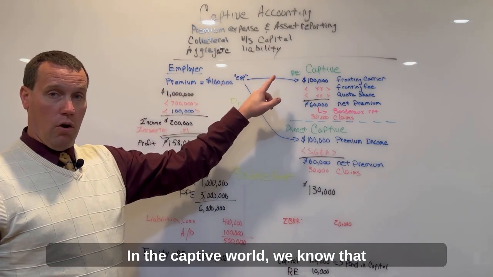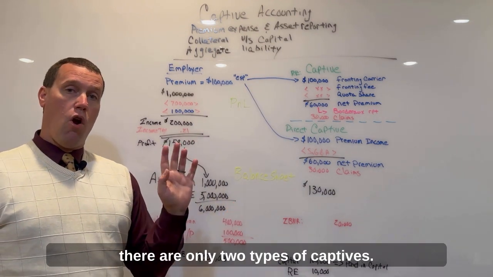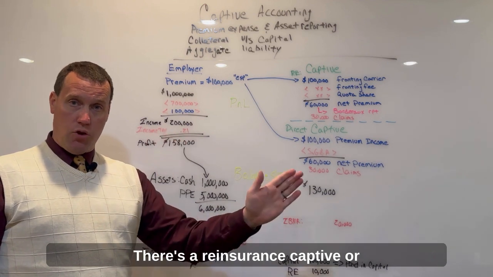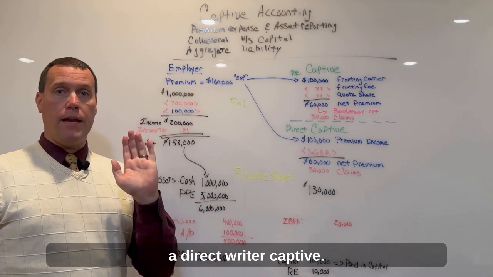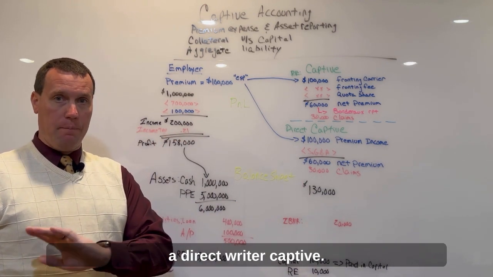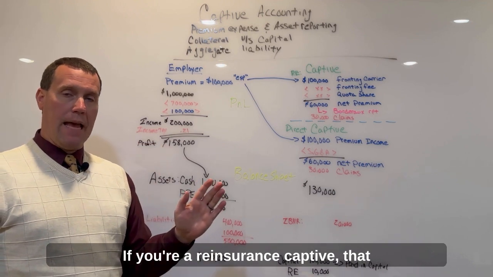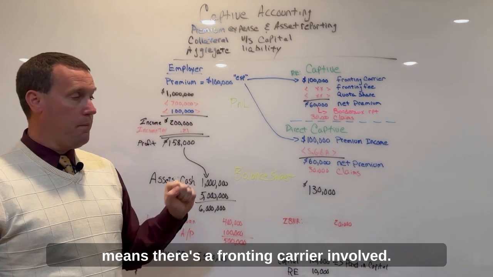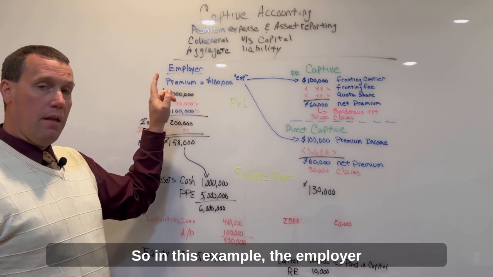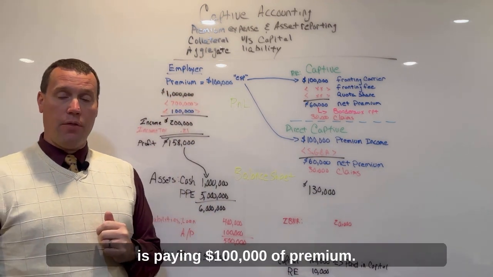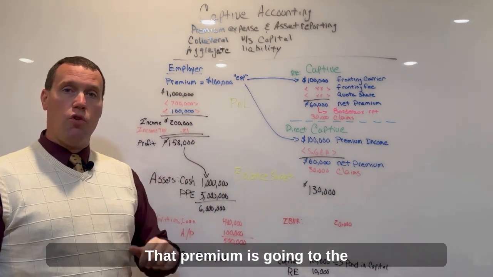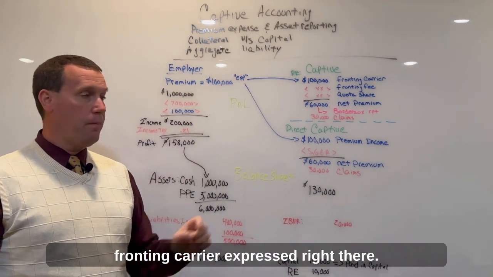In the captive world, we know that there are only two types of captives. There's a reinsurance captive or a direct writer captive. If you're a reinsurance captive, that means there's a fronting carrier involved. In this example, the employer is paying $100,000 of premium. That premium is going to the fronting carrier.